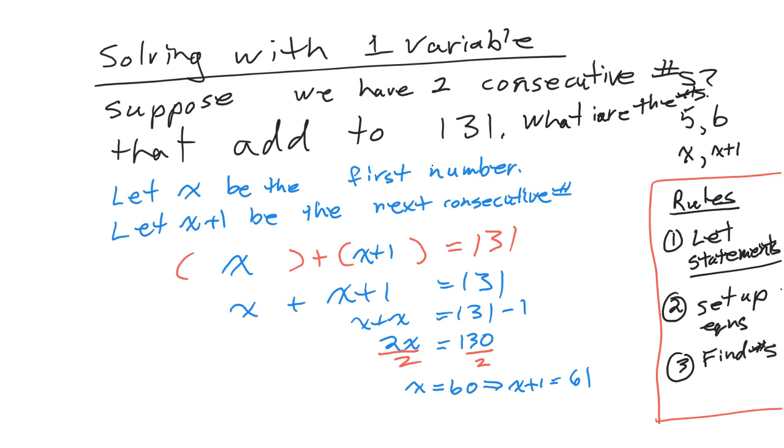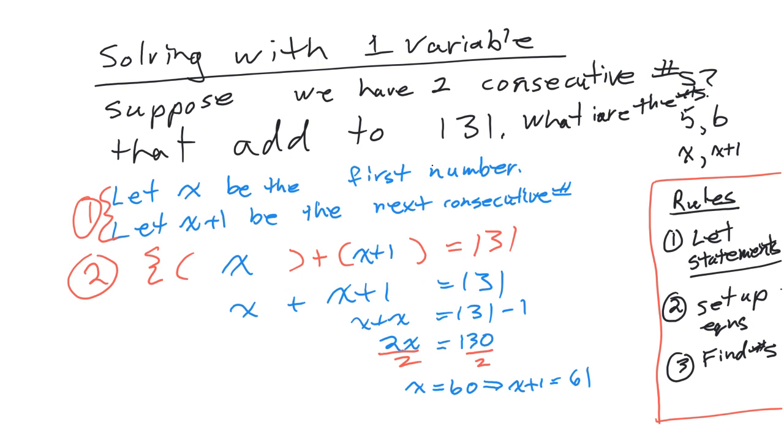Let me show you where stage 1 was. Stage 1 was this part here, telling us what our variables were. Stage 2 is setting up our basic equations, translating this sentence into this equation here.